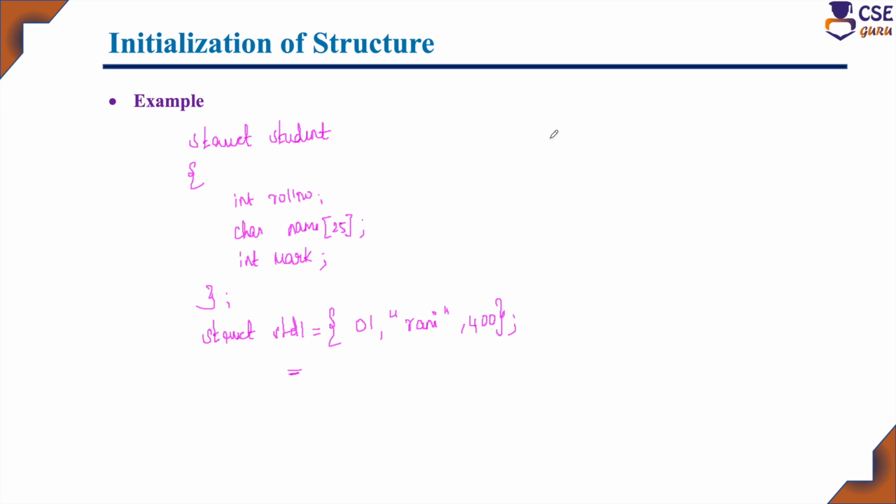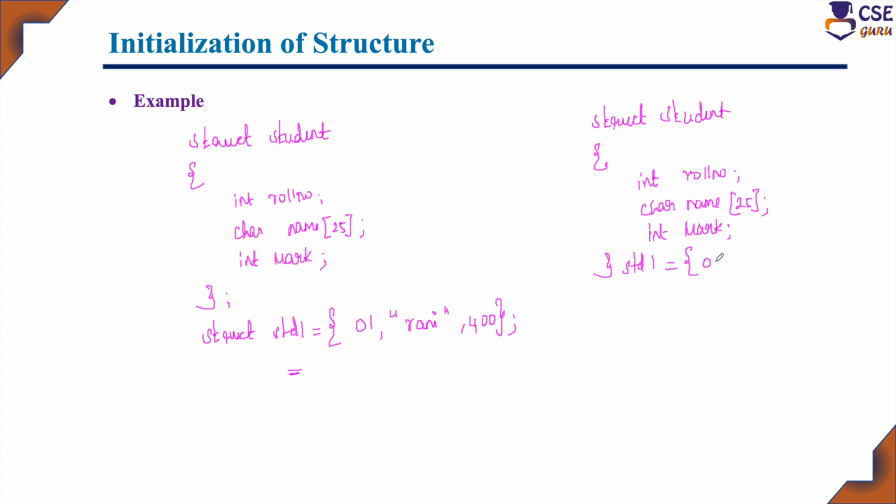Another method is to use the struct keyword, then the structure name, student here. The same way, the data type is int roll number, then char name, and then int mark. And here itself, std1 is equal to, within curly brackets, 01, Rani, and then 400.